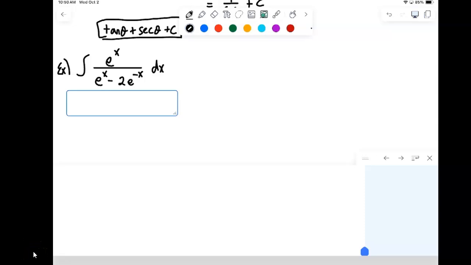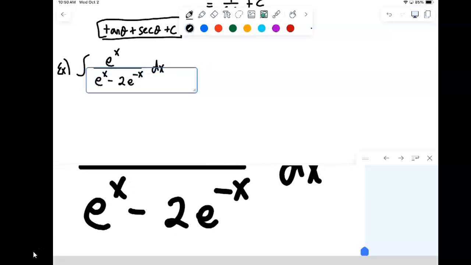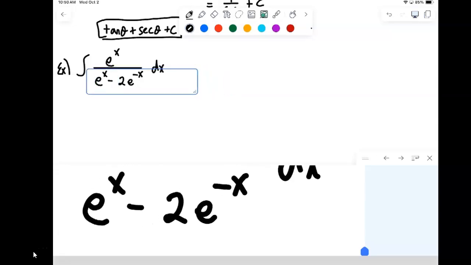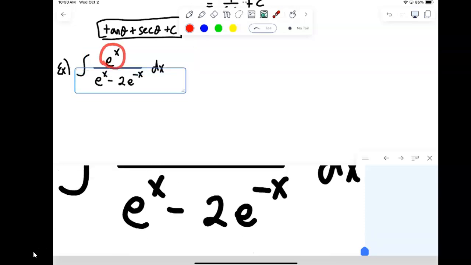Okay, this next example here is very similar to a problem we did earlier. Once again, we have a bunch of e to the x's hanging around here. This time, I actually do have an e to the x on top that I could use to address that problem.